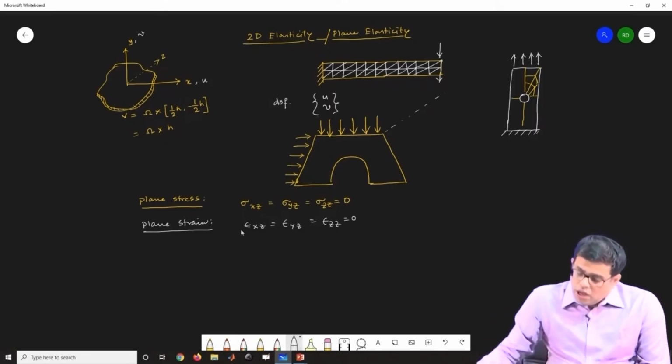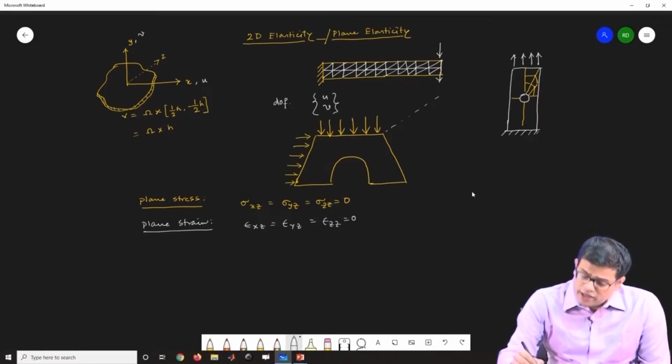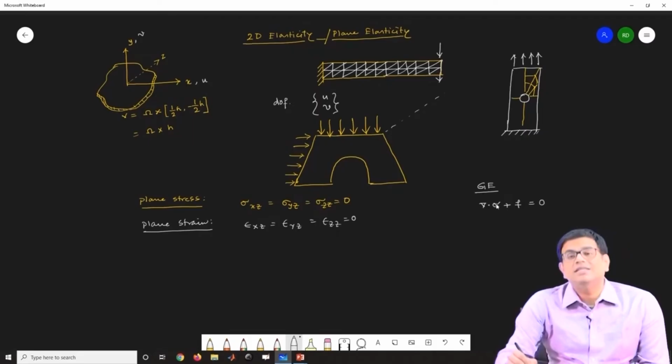Now we all know the governing equation of any three-dimensional body. For instance, if I consider a three-dimensional body, then the governing equation is del dot sigma plus F equals 0. Here sigma is a tensor, the three-dimensional stress tensor, which if you represent in matrix form is a 3 by 3 matrix, and we all know the stress tensor is symmetric because of the angular momentum balance.